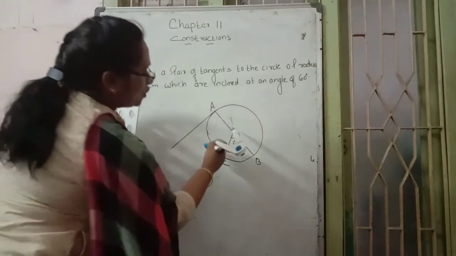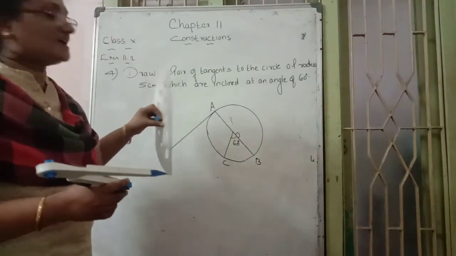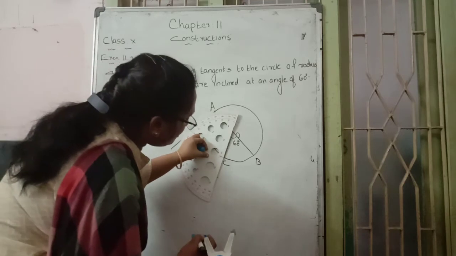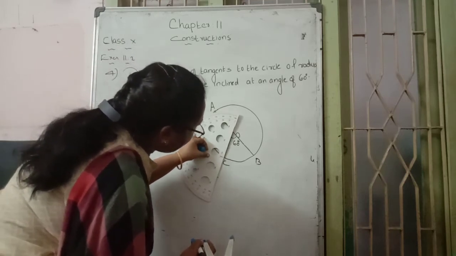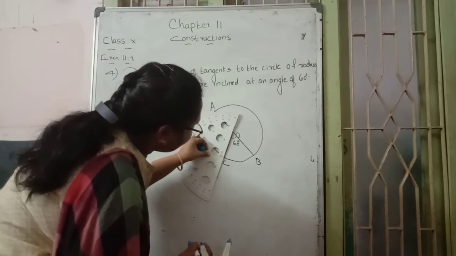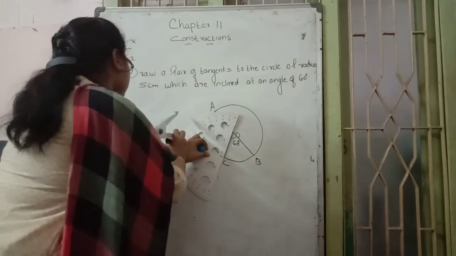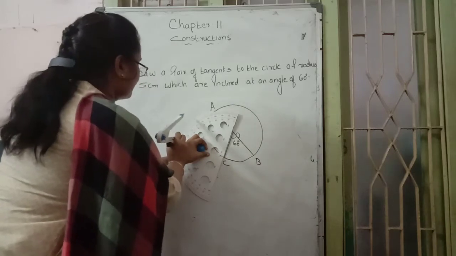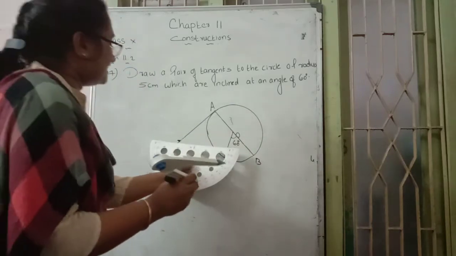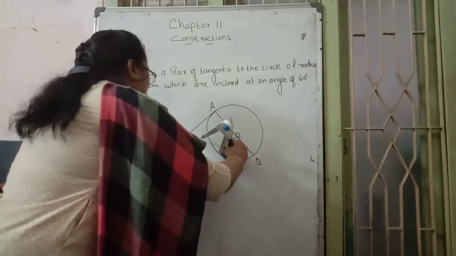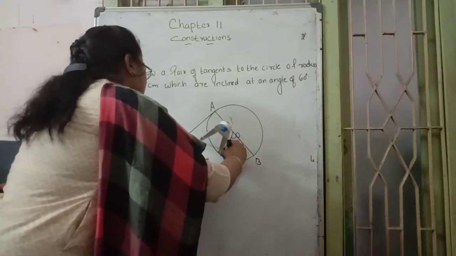In the same way, take OC as the baseline and C as the center point, and draw a perpendicular of 90 degrees. Mark the 90 degree point, and join C and that point with a straight line.